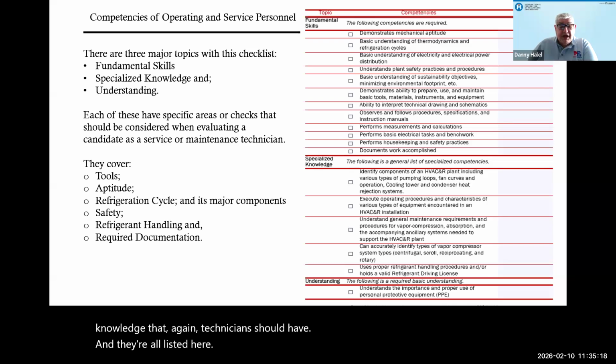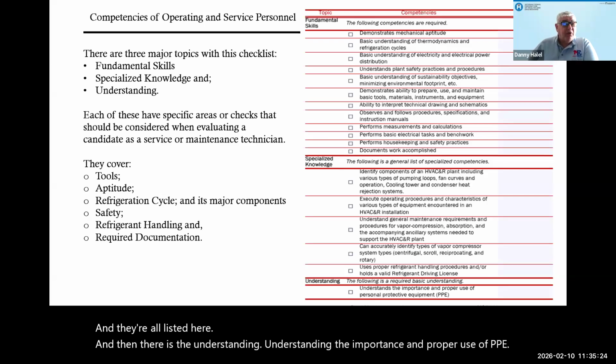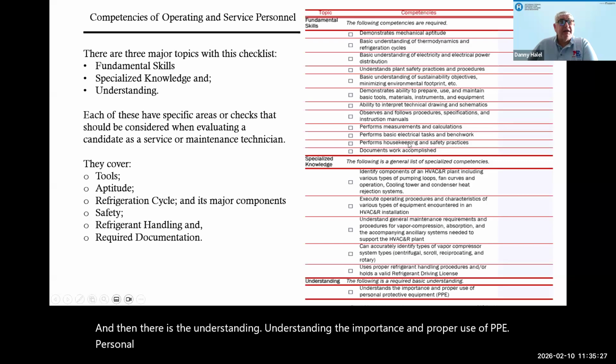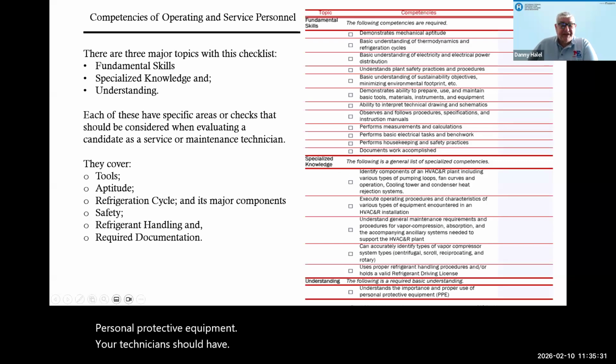And then there is understanding the importance and proper use of PPE, personal protective equipment. Your technicians should have safety glasses, steel-toed shoes, and depending on what other things they're doing, if they're handling refrigerants, they should be wearing gloves.